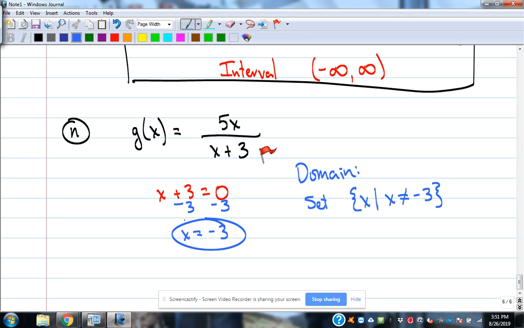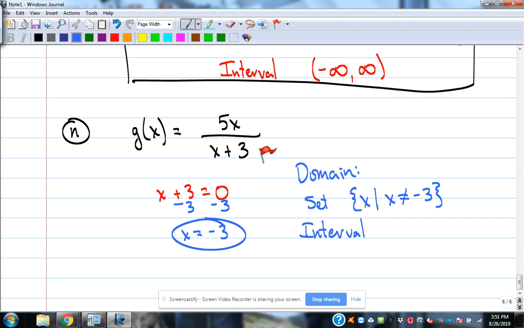When we set that equal to 0 and solved it, we were finding what messes this thing up. What's the x value that makes that not work? Okay, what this set notation here says, x such that x is everything except -3. The interval notation for that is a little bit more difficult, but it's also more descriptive.